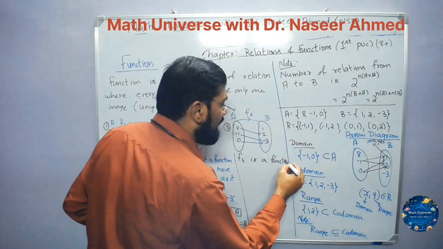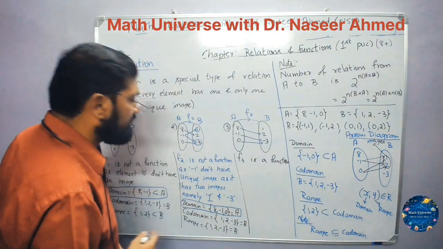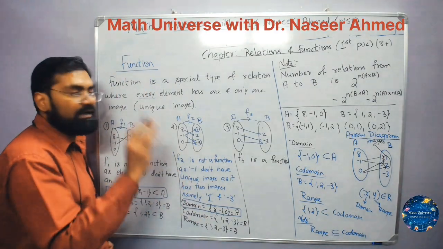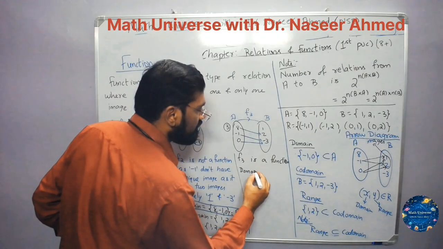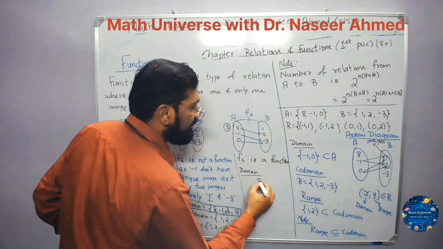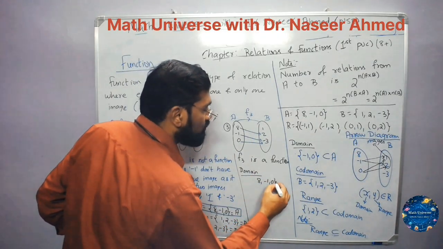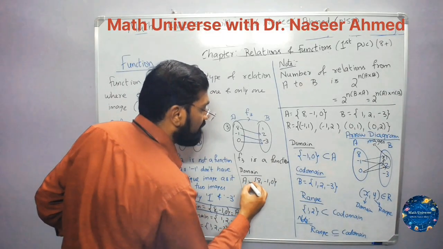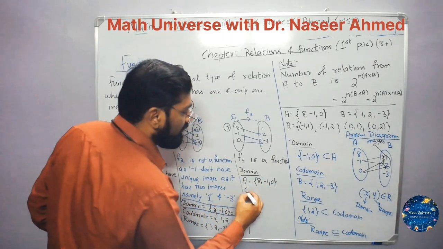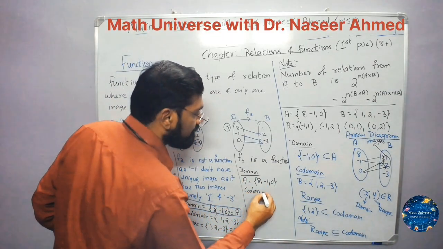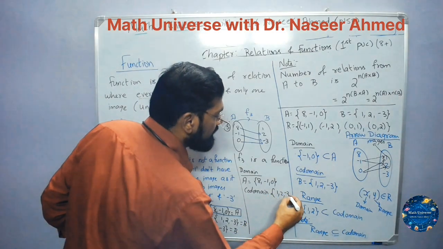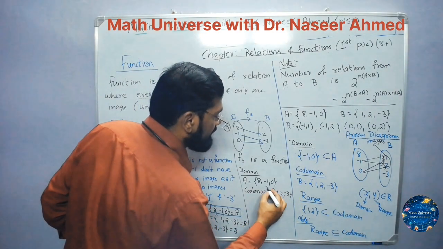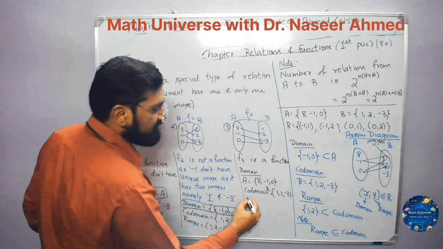Having understood this, now let us move on to domain, codomain, and range. Coming to the domain, it is 8, -1, 0, which is the same as set A. Coming to the codomain, 1, 2, -3, nothing but the entire second set B. Next comes range.